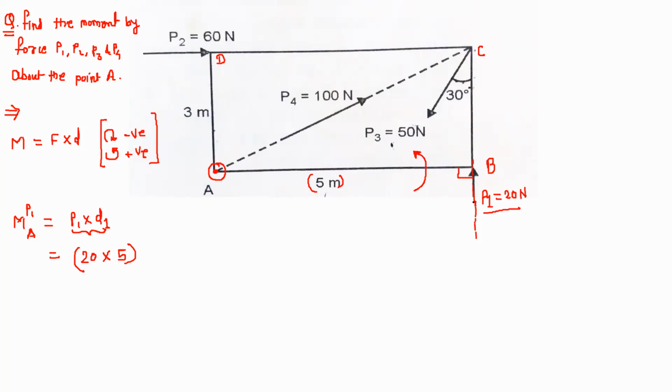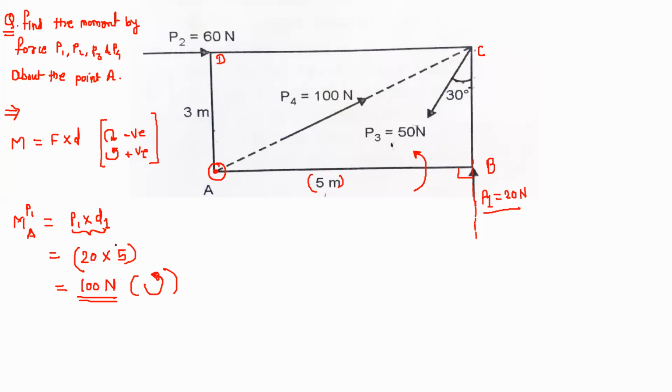If you push the point B with force 20 Newton and hold the point A, the whole system will try to rotate in this direction. That is the anti-clockwise direction, and therefore it is positive. So we'll write down, this is 100 Newton meter. This is the moment by the force P1 about the point A, and its direction is anti-clockwise. I hope this point is clear, how to find out the moment by force P1.